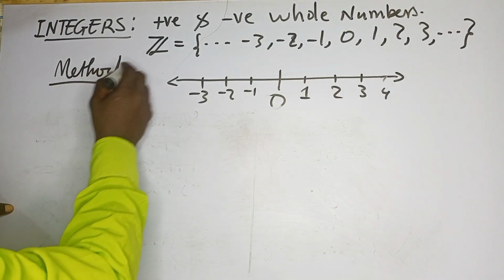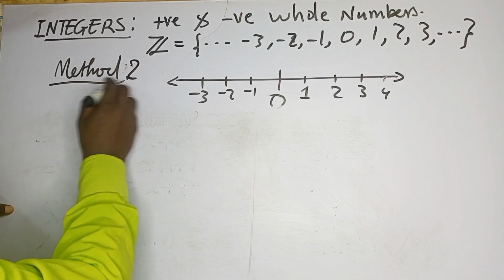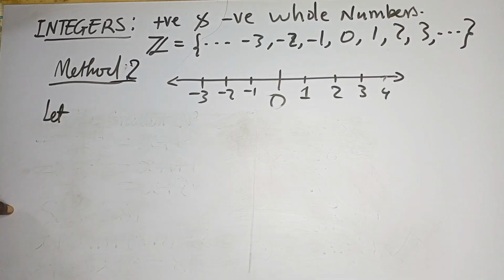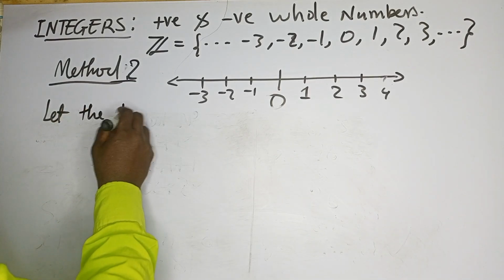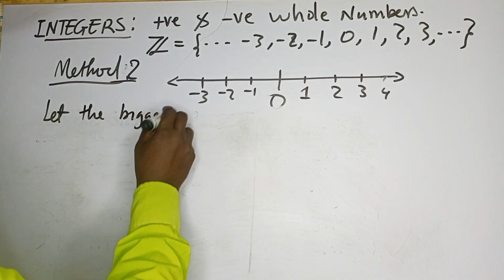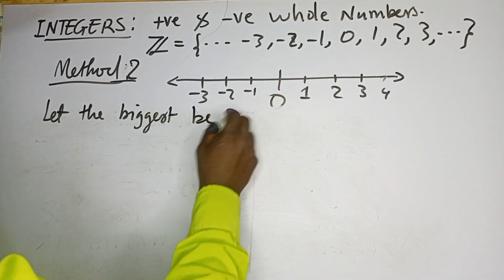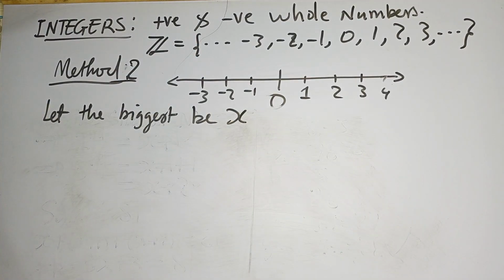So that one was method 1. We'll call this one now method 2. Method 2 was starting from the biggest. So let the biggest of the three numbers be x.